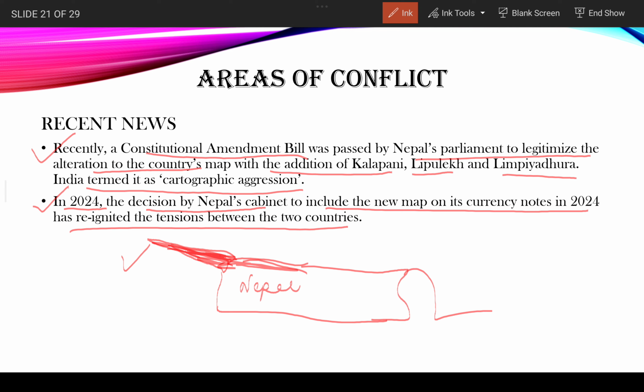So what is the importance of Kalapani actually for Nepal? This region is not of any strategic importance for Nepal, but for India it has strategic importance. See, first, it is located at a height of 20,000 feet. It serves as a vantage point for the Indian Army to observe Chinese activity along the LAC.